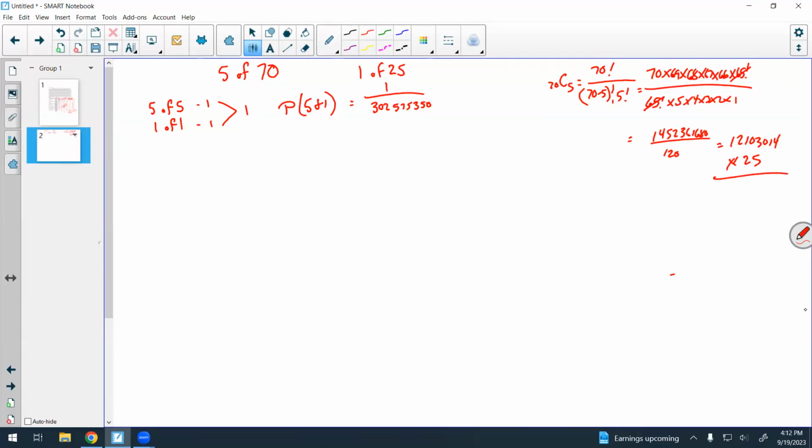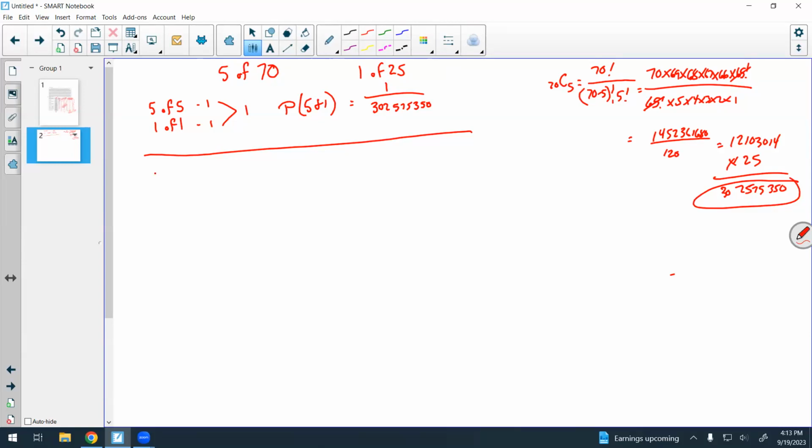And we get 302,575,350. So that's where that number comes from. That's the total number of tickets there are. So we have our first probability tier. And that does match.